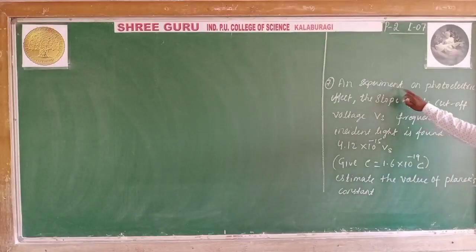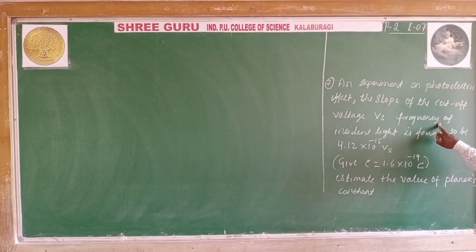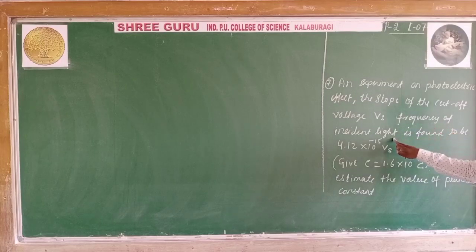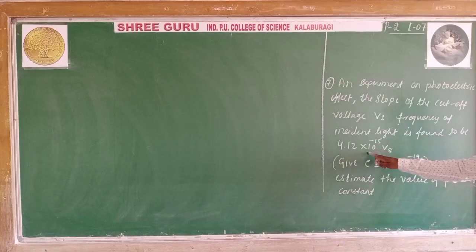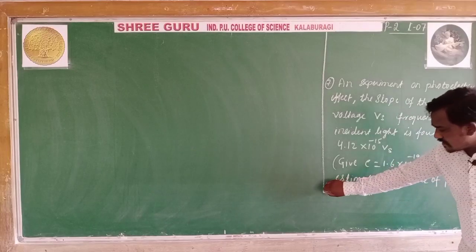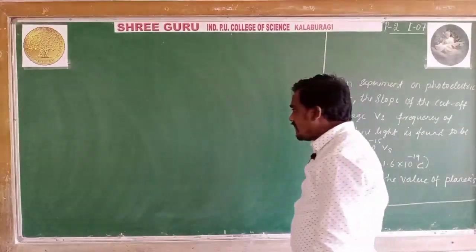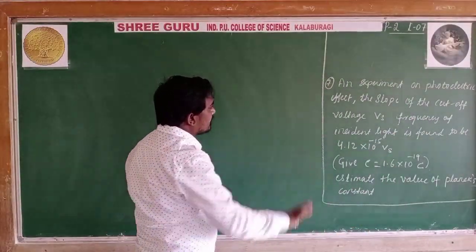An experiment on a photoelectric effect, the slope of the cutoff voltage versus frequency. Cutoff voltage is nothing but a stopping potential. Stopping potential voltage versus frequency of incident light is found to be this much, that slope is found to be this much volt second. Now estimate the value of Planck constant. We should find it from this given data.